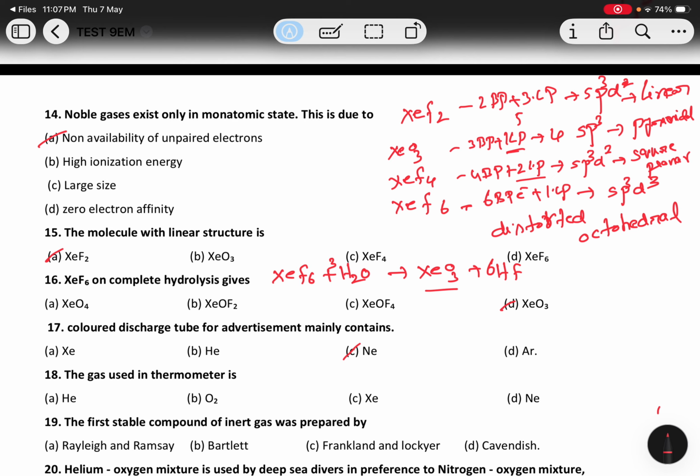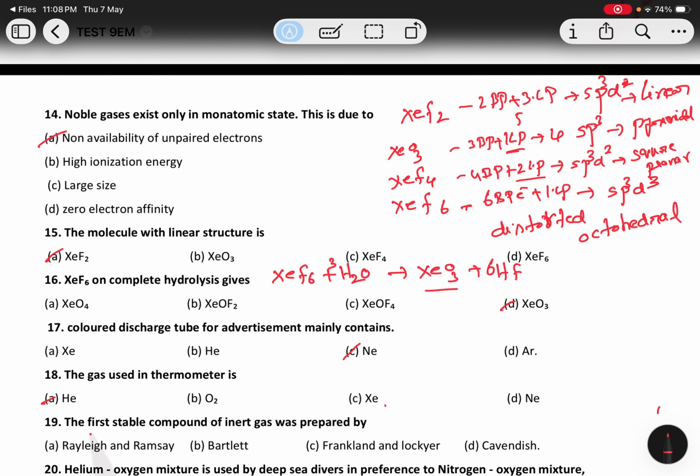Okay, next, the gas used in thermometers: helium, oxygen, xenon, neon. Helium, an inert gas with a low boiling point and non-reactive nature, gives high accuracy even at low temperatures. Remaining inert gases are used, but at low temperatures, the one giving accurate measurement is helium.